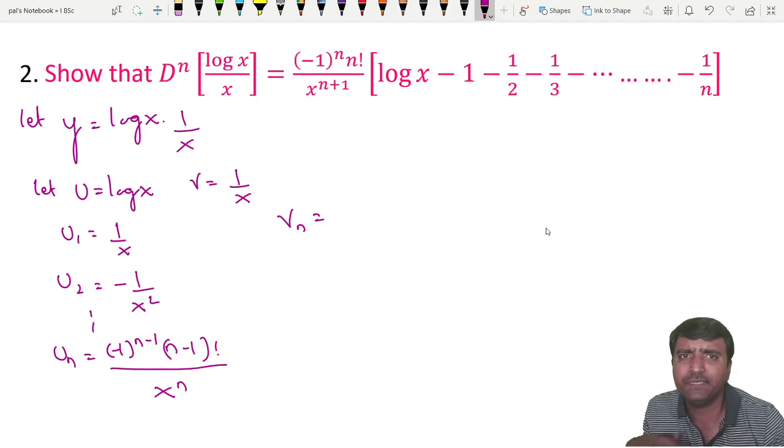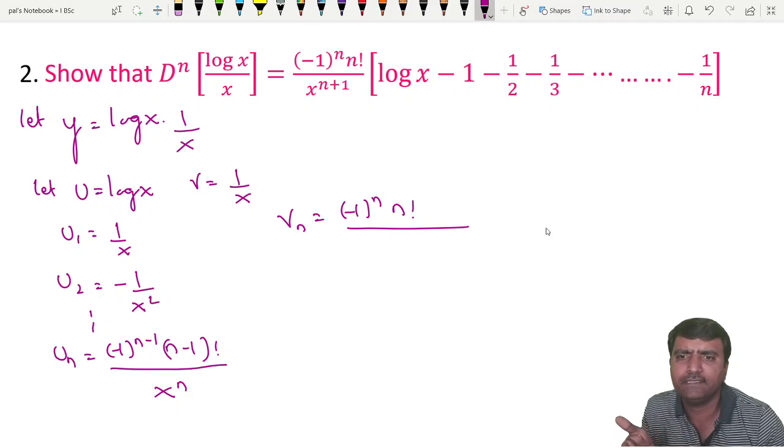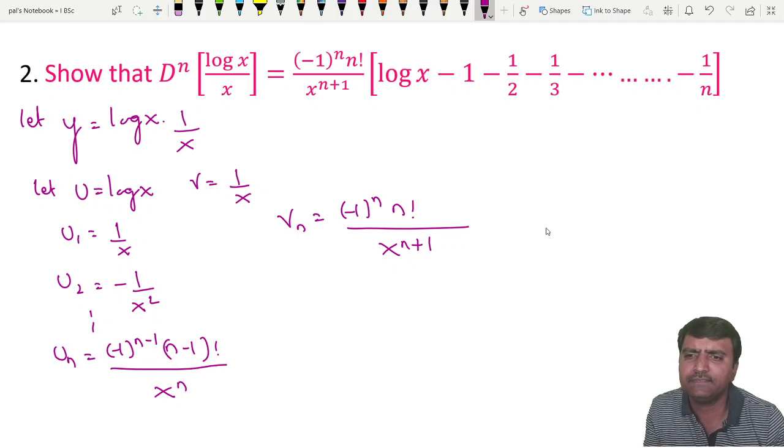So v_n is equal to minus 1 to the power n, n factorial divided by x to the power n plus 1. The a to the power n factor is not there since a is not present here.